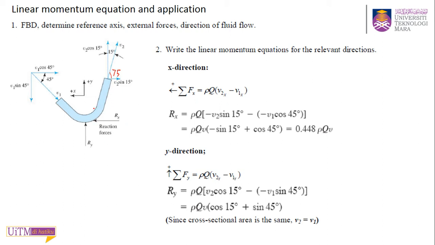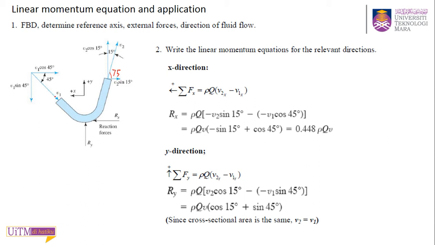To the left is positive and upward is positive, so this is your reference. Then you need to write your linear momentum. To the left is positive: summation of F in X direction equals rho Q times V2X minus V1X.